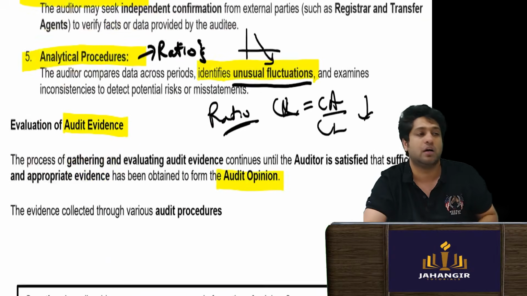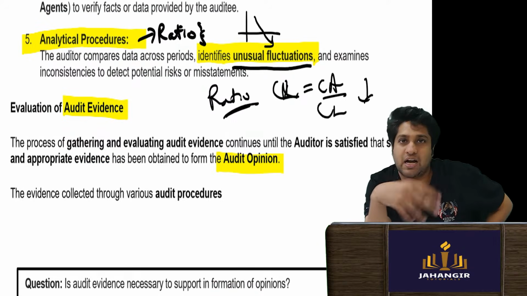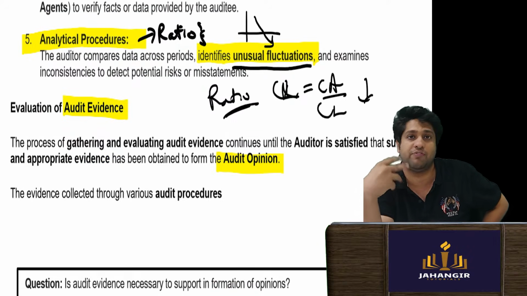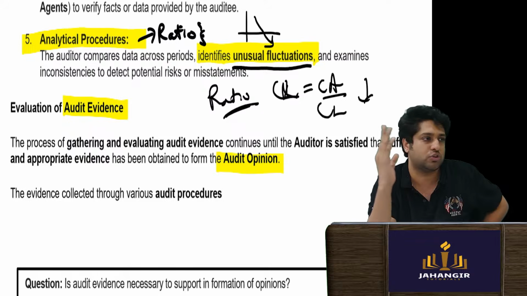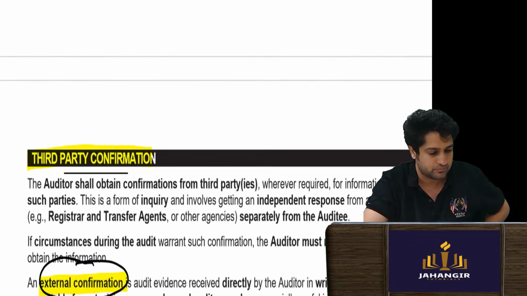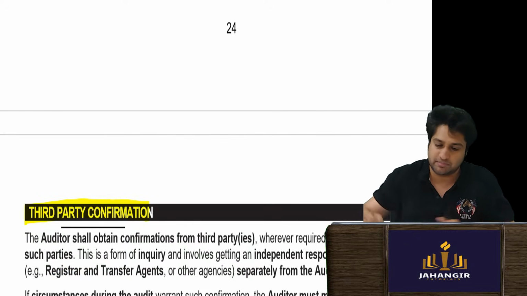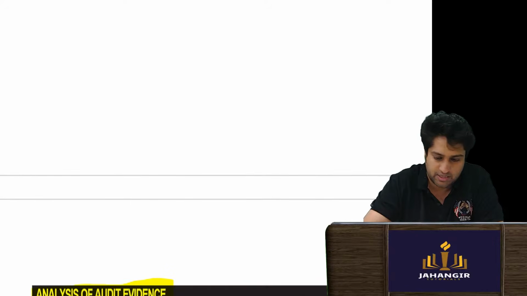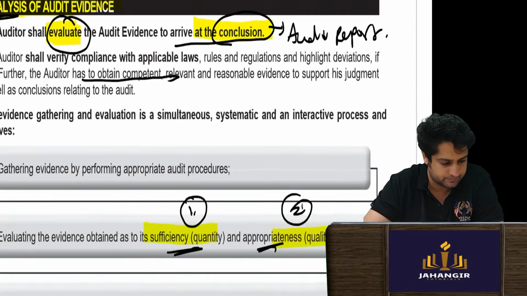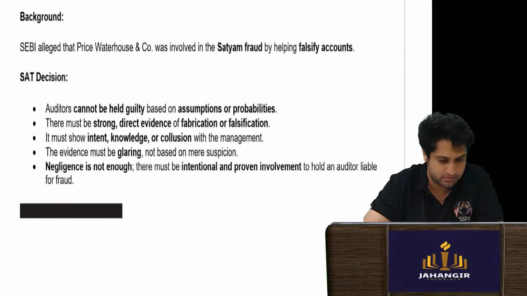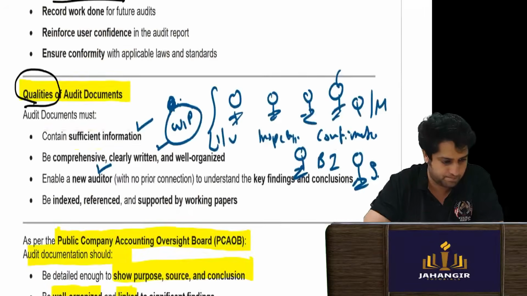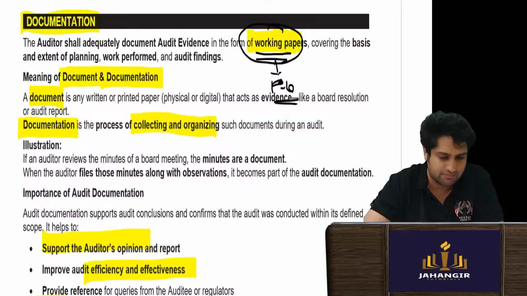One could be ratio analysis. Unusual fluctuation should be flagged. Unusual risk should be flagged. Third party confirmation, as I told you, is the bank telling that yes, I have XYZ cash balance with me. That's a third party confirmation. Analysis of audit evidence. Done. So the chapter repeats a lot.